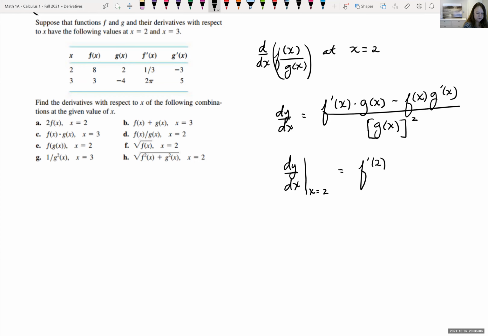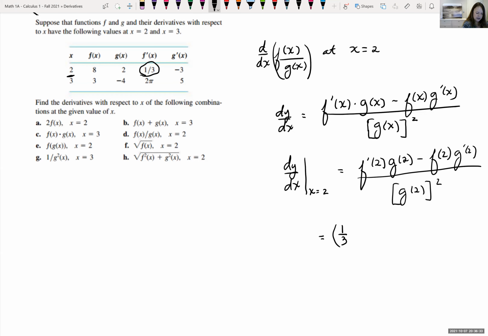So I'm looking at f prime of 2 times g of 2 minus f of 2 times g prime of 2 all over g of 2 quantity squared. So I'm going to use my table now. F prime of 2, so my derivative function when x is 2, is 1/3. So I have 1/3 times g of 2.